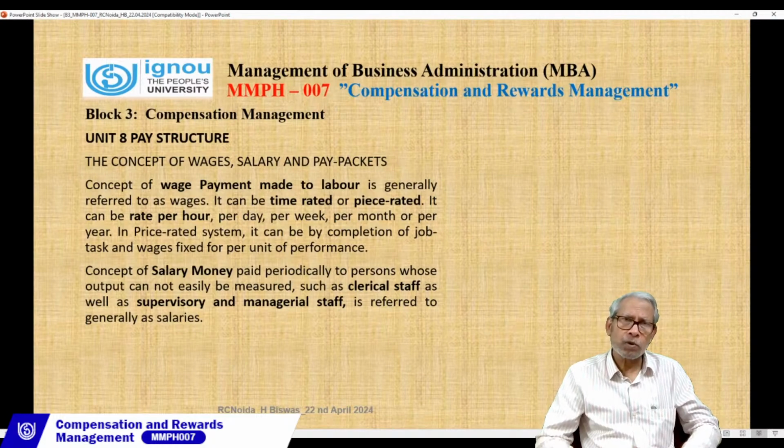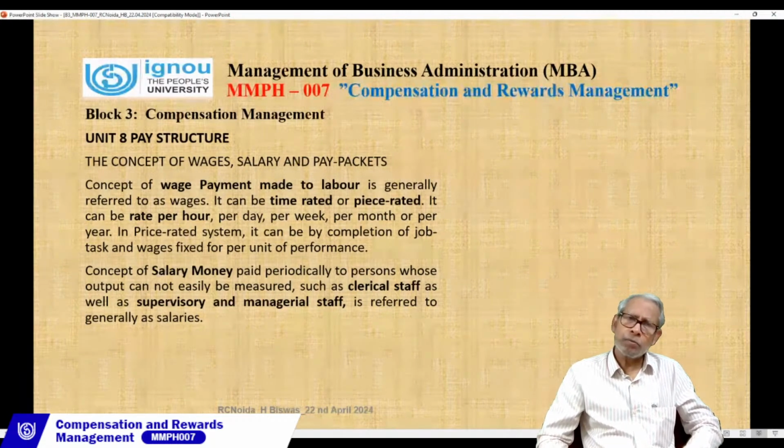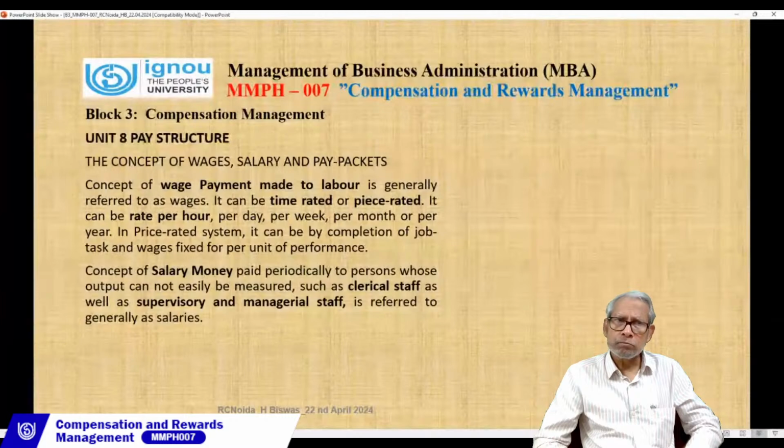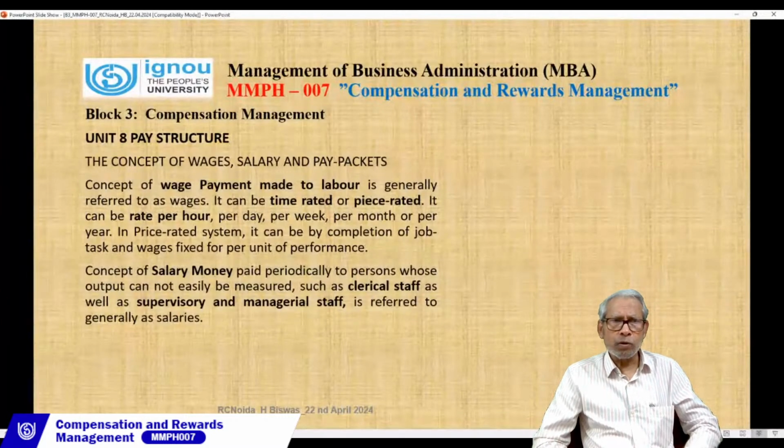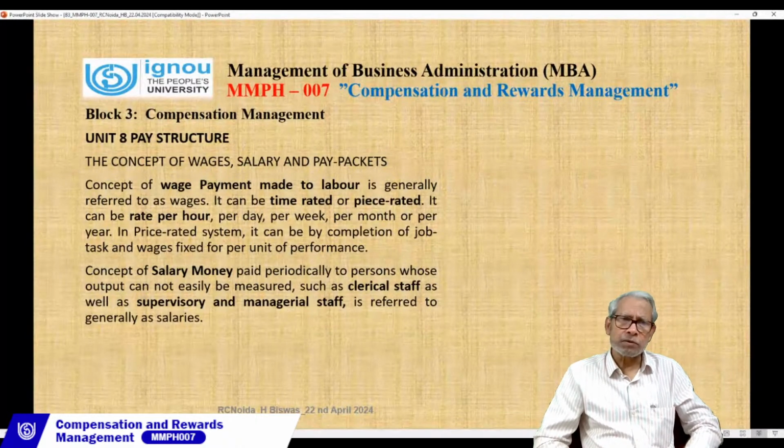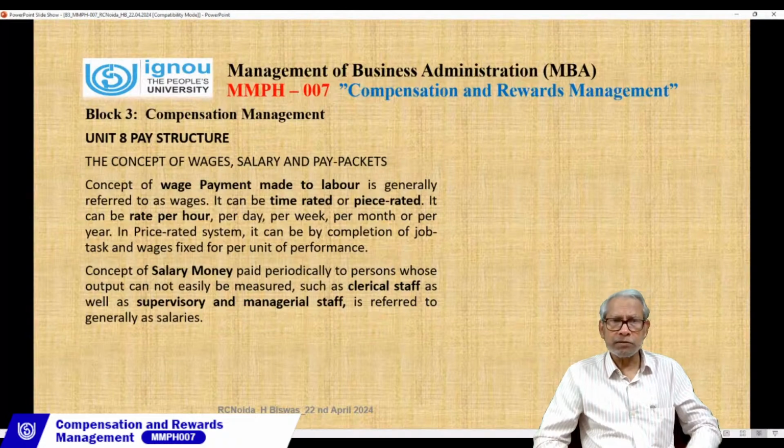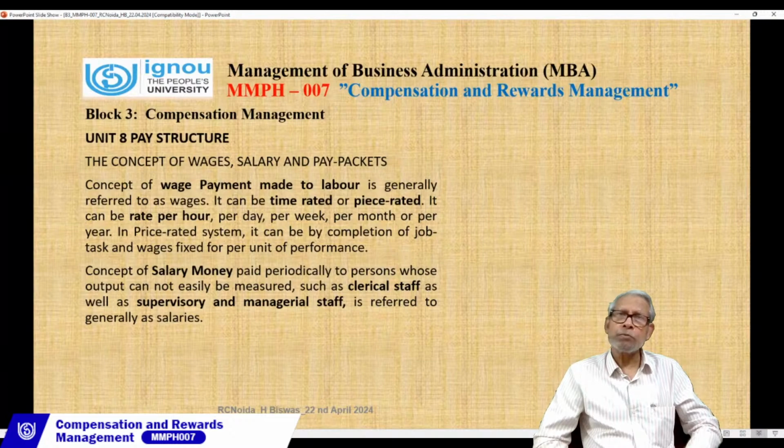This is the way you can fix it, per month or sometimes annual packages. In price related systems, it can be completion of job tasks and the wages fixed per unit. Completion of the job is important and the wages are fixed accordingly.